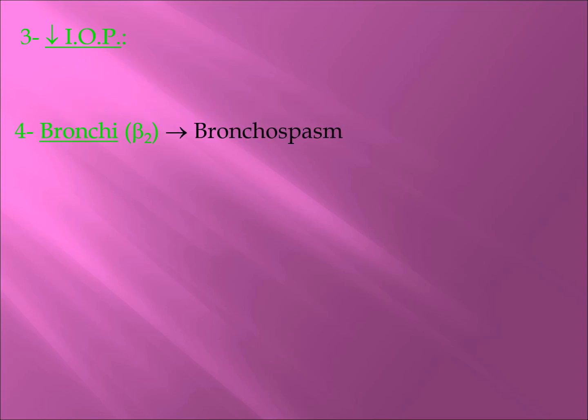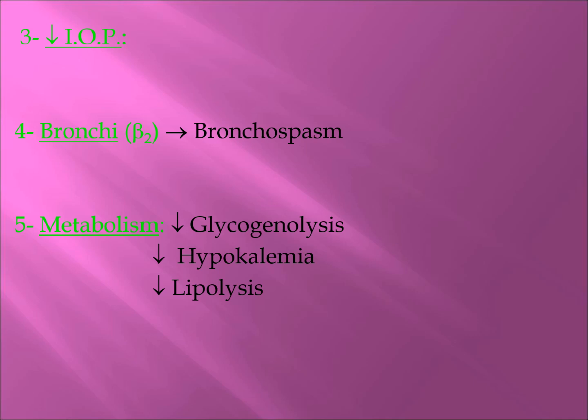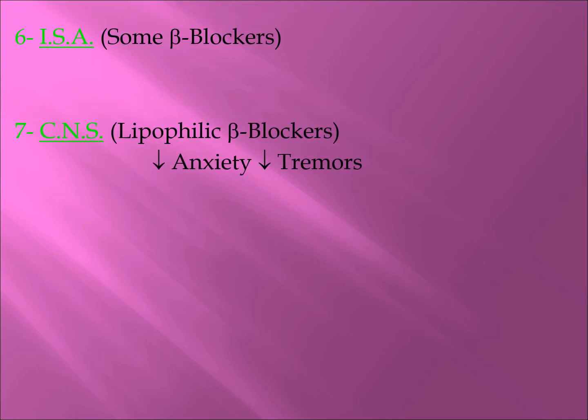Bronchi: drugs which block beta-2 induce bronchospasm, especially in asthmatic patients. Metabolic actions: they inhibit glycogenolysis induced by sympathetic stimulation, block hypokalemia induced by beta stimulants, and inhibit lipolysis. Some beta blockers are partial agonists.